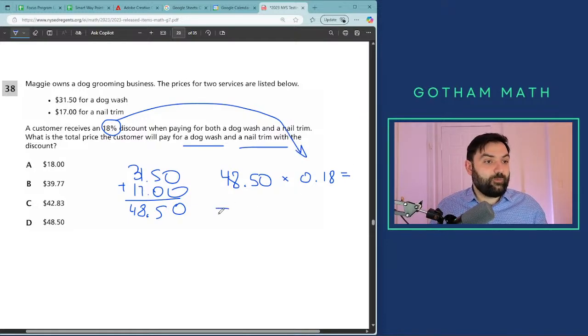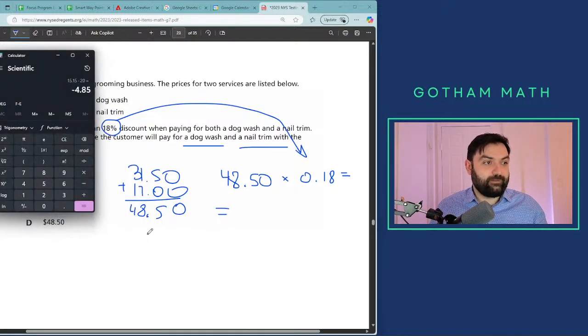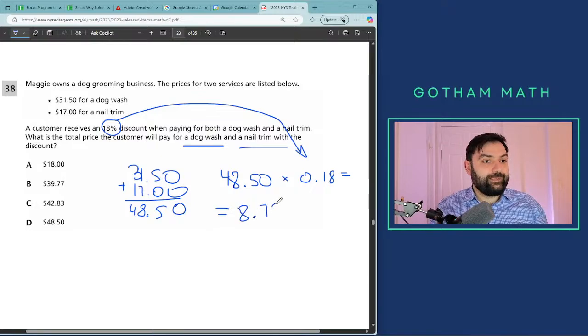That will give us how much we don't have to pay. This times 0.18, boom. And now I'm just going to subtract 48.50 minus 8, because this I don't have to pay, right?